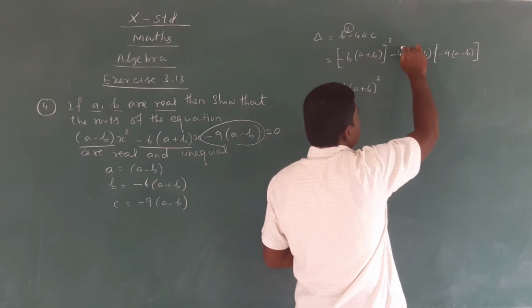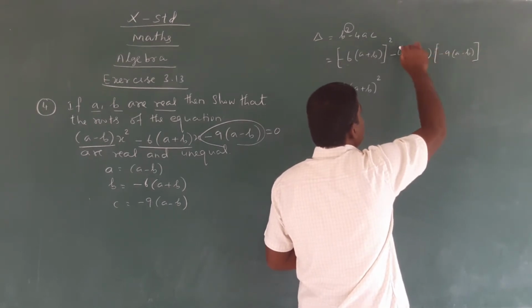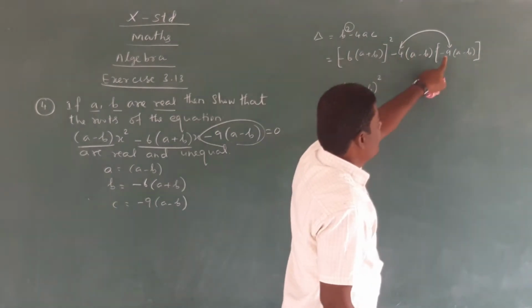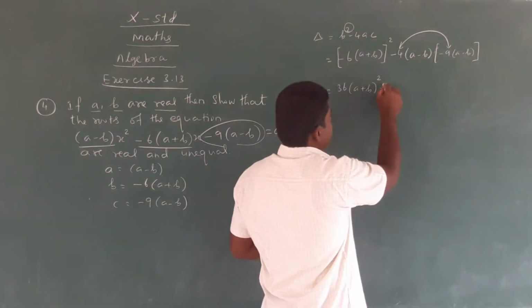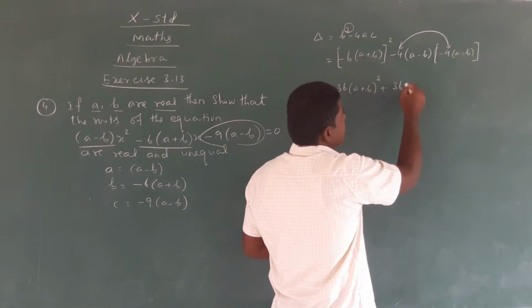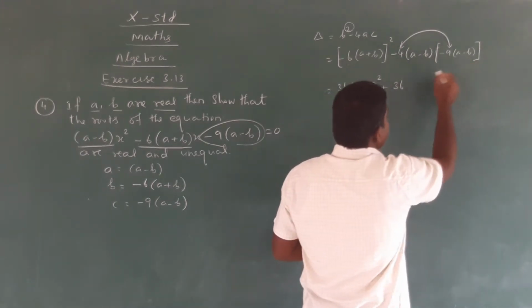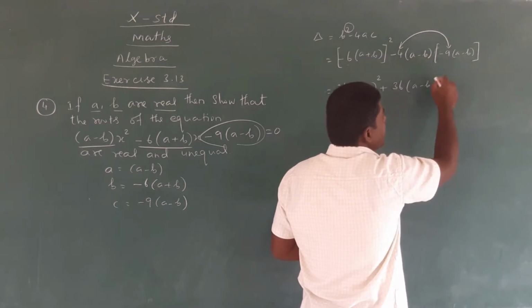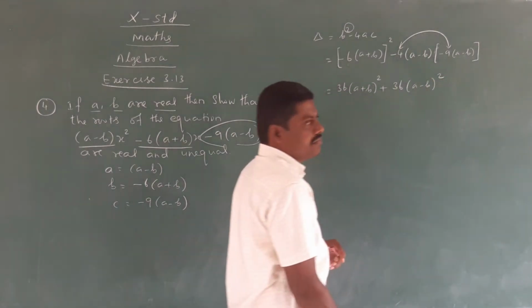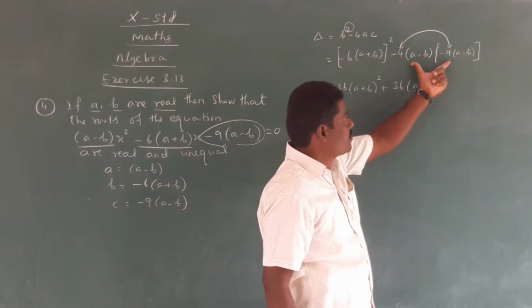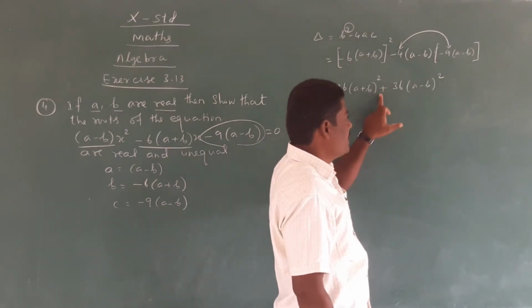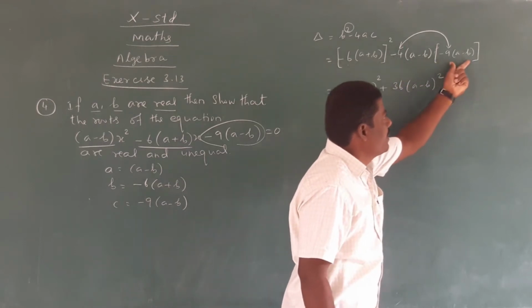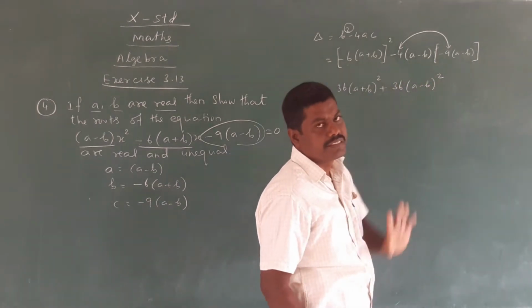Multiplying these two, minus into minus is plus, 4 nines are 36.